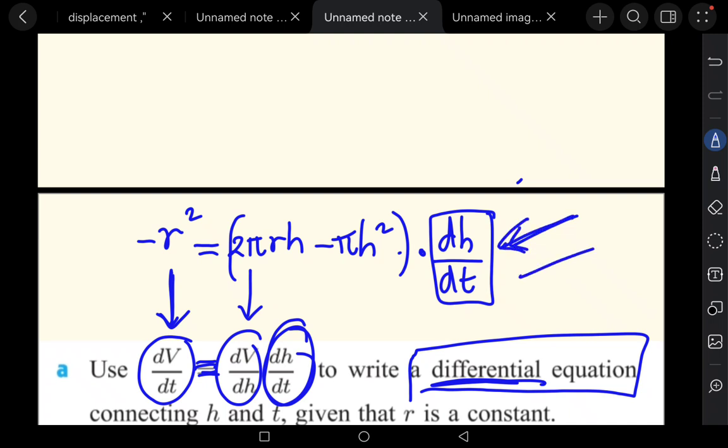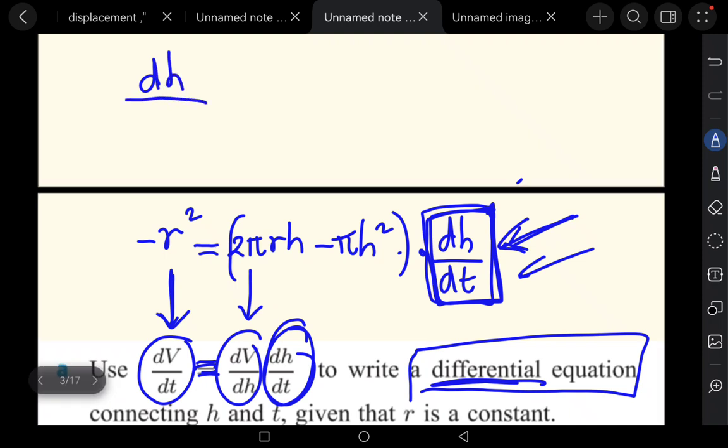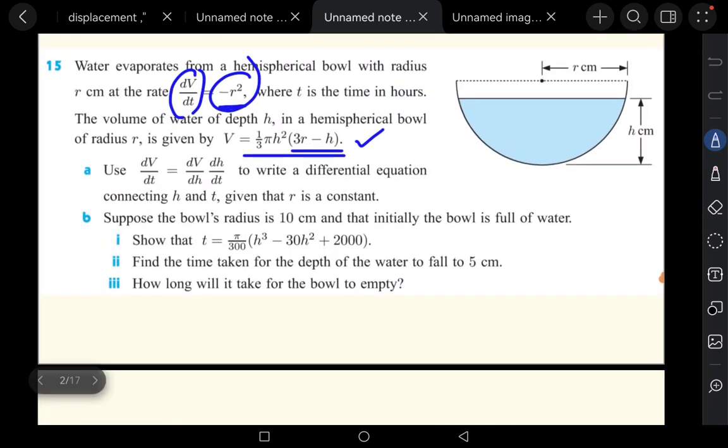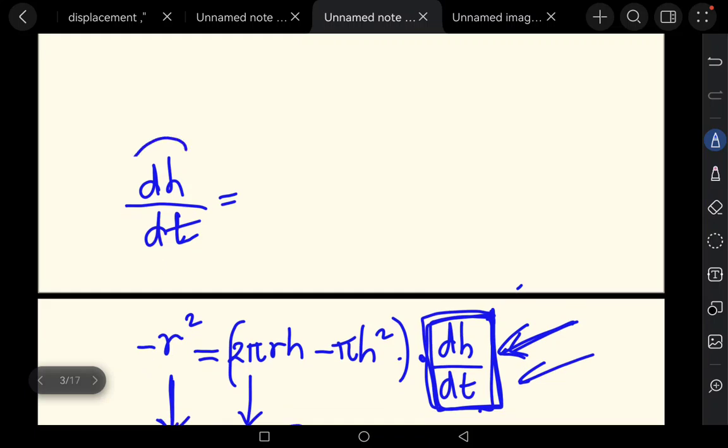We're going to solve it by using this differential equation. So we use dh over dt, because the question asks for a differential equation. So we're going to use dh over dt.